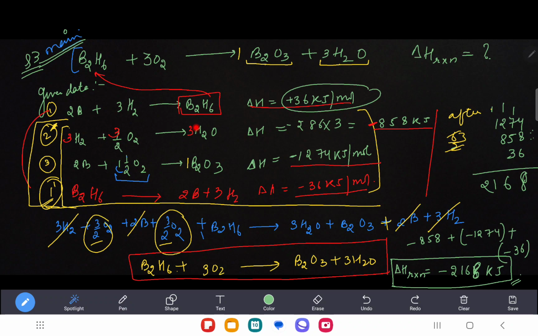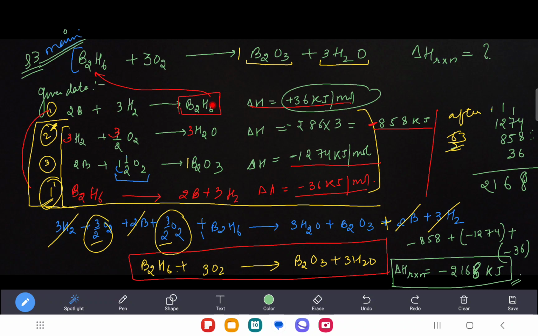And here also 1 mole of B2O3 was being produced from its native elements, boron and oxygen. So all these three data were actually heats of formation given to me.